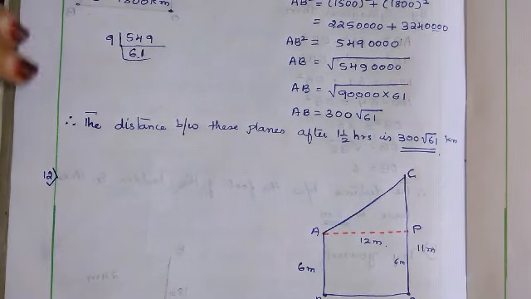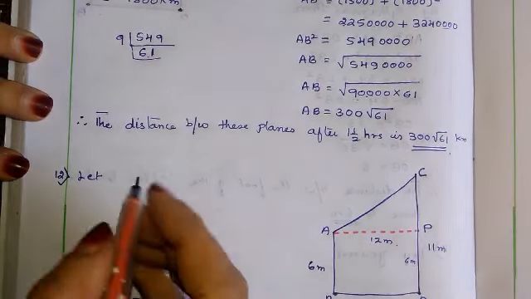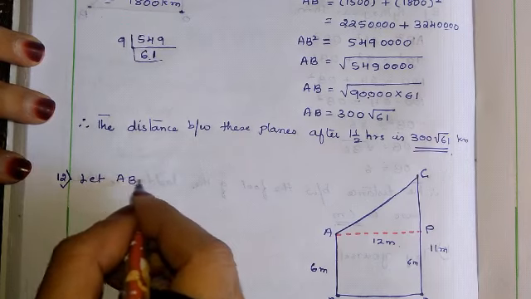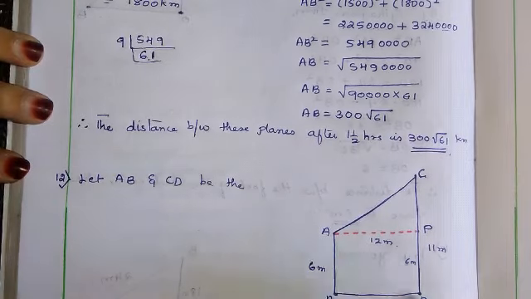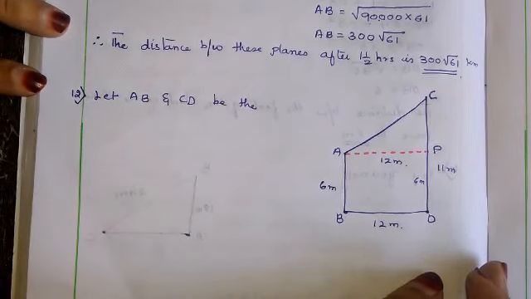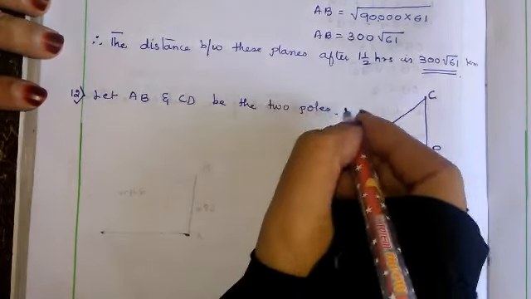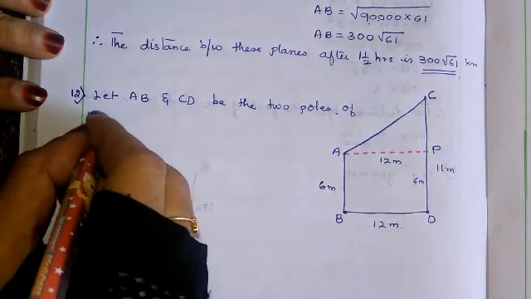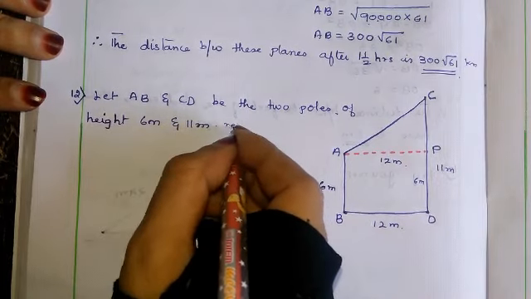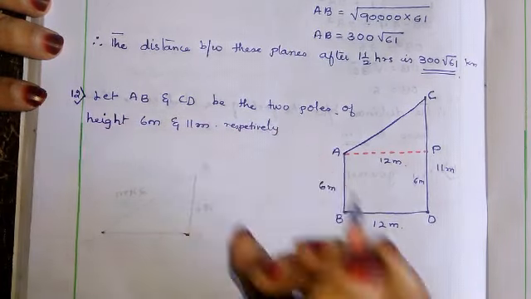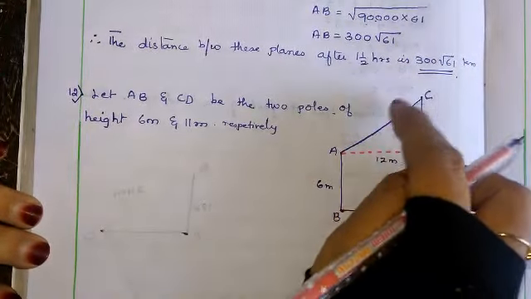Solution number 12. Let AB and CD be the two poles of height AB 6 meter and CD 11 meter respectively. Okay. Now we want to find this AC.